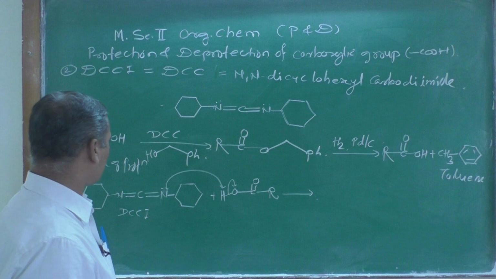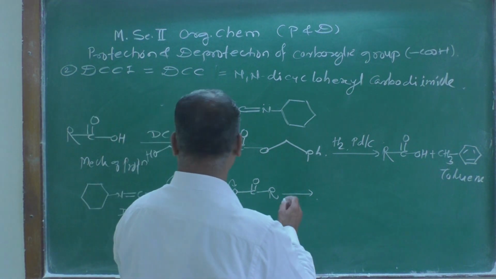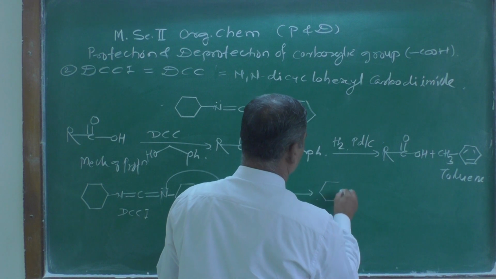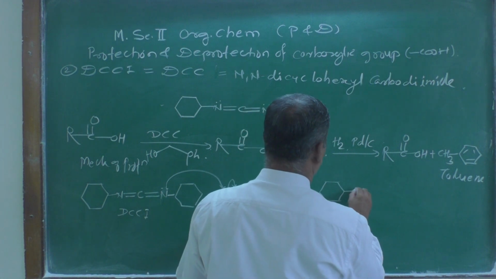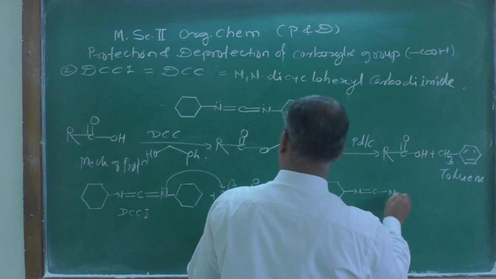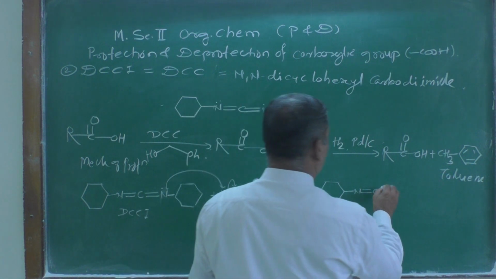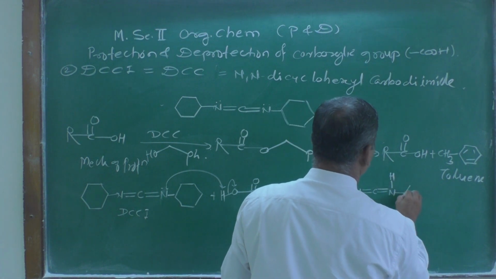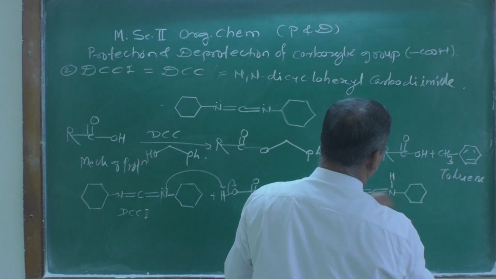present on that oxygen atom, and you will be getting here this structure: cyclohexane, then N double bond C, then this double bond here H. Now this is a cyclohexane structure.